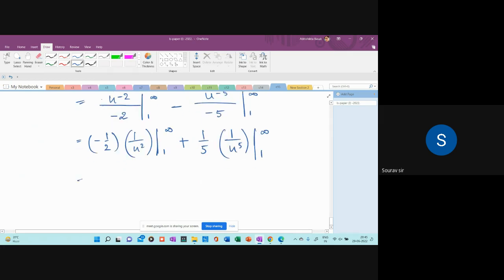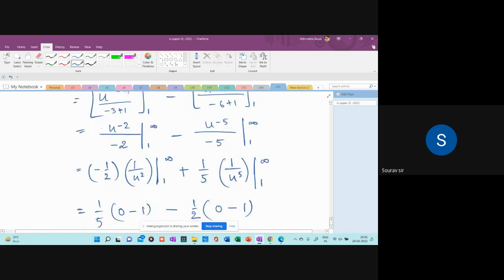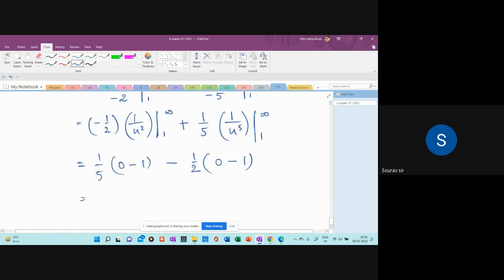So basically that is going to give me 1 by 5, 1 by infinity is 0 minus 1, minus half of 1 by infinity is 0 minus 1. So that is giving me 1 by 5 minus 1 by 5 plus half.